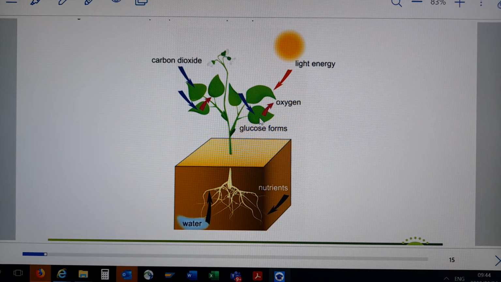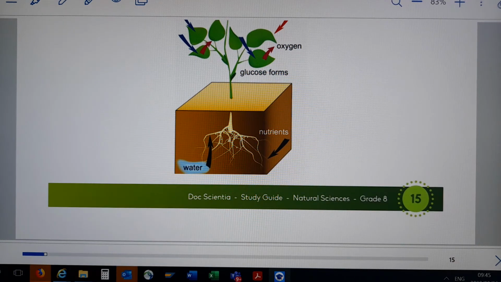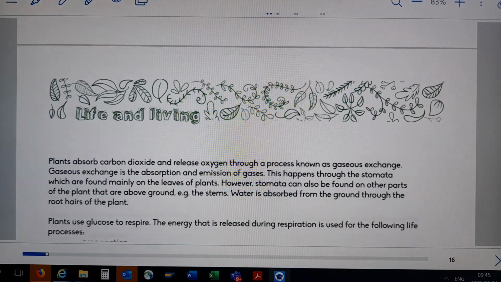You look, there's the sun shining, and now the chlorophyll in this leaf will absorb the light energy, and the chlorophyll again will convert that light energy to chemical energy, and the glucose will form, which might be a fruit or a veg. And when that forms, oxygen is released to the air again. That is the oxygen that we can breathe again. Okay, hoping you understand the diagram.